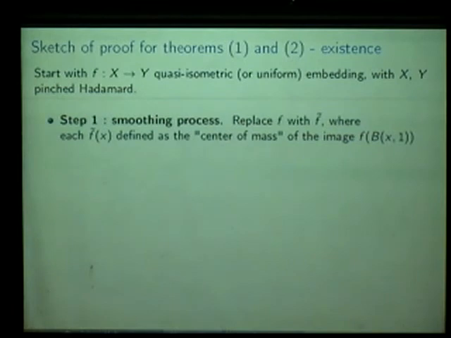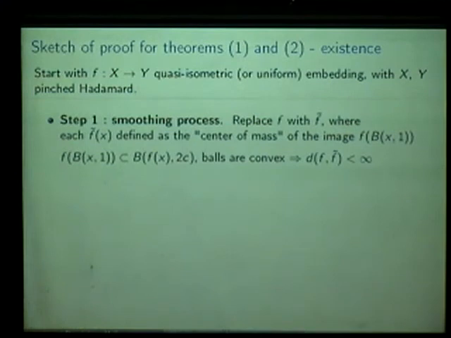So, with a reasonable definition of the center of mass, first of all, we will end up with twiddle F, which is bounded, which is smooth. And this map twiddle F stays within bounded distance from F, because F being quasi-isometric, the image of the ball with radius 1 stays within a ball with fixed radius, say 2c, and we have negative curvature.